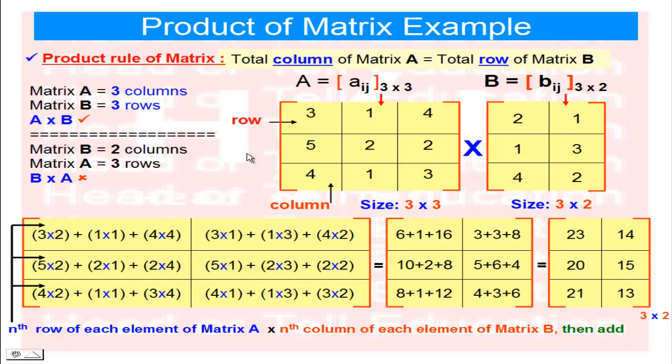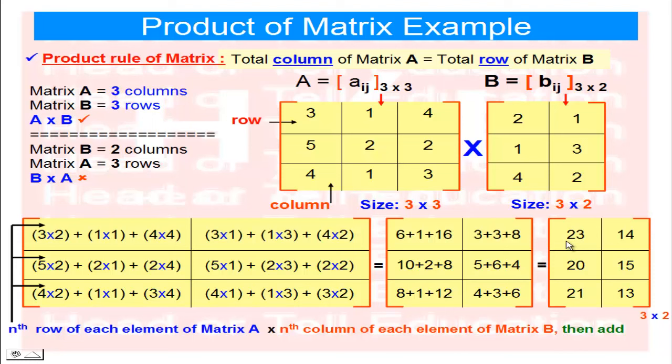Now we check the first row and first column value after the product. 3 is multiplied by 2, plus 1 is multiplied by 1, plus 4 is multiplied by 4. So 6 plus 1 plus 16 gives 23.